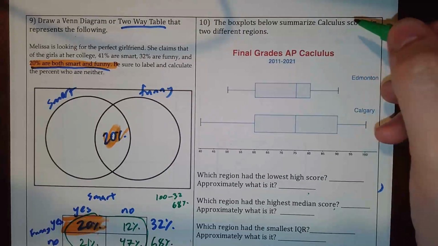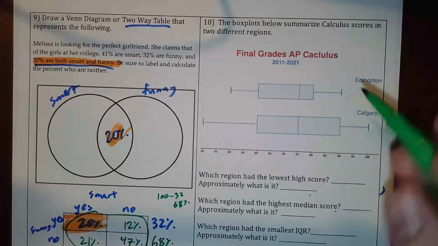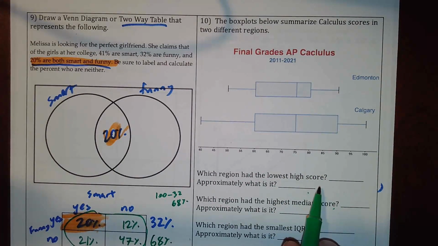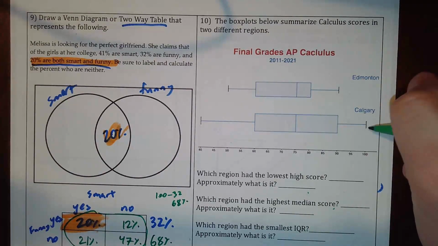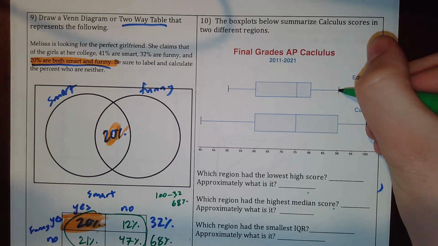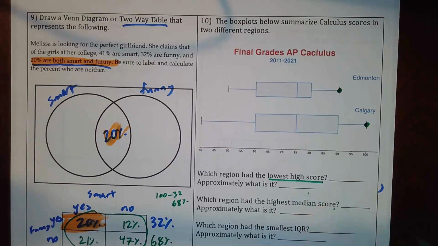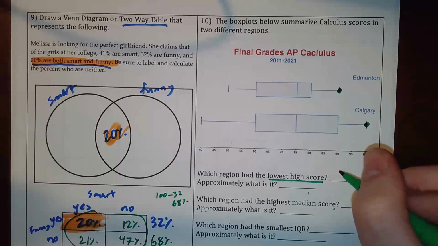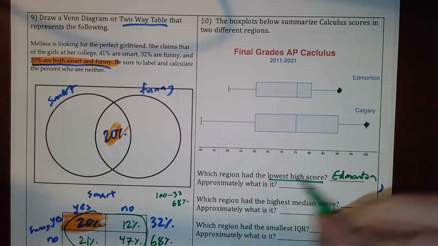The box plots below summarize calculus scores in two different regions. Which region had the lowest high score? So the lowest high score is going to be this one right here. Which one's lower? Go ahead and say Edmonton. Approximately what was their score?